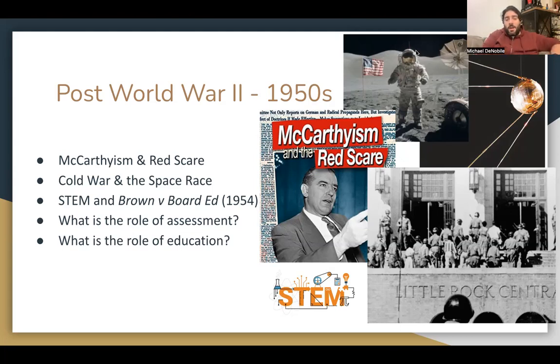Some of the other pictures on here: this is 1969, which wasn't the 1950s, but this was us landing on the moon in 1969. And down here in the bottom right is the desegregation of Little Rock Central High School in Little Rock, Arkansas, which became another milestone in the desegregation movement in schools.